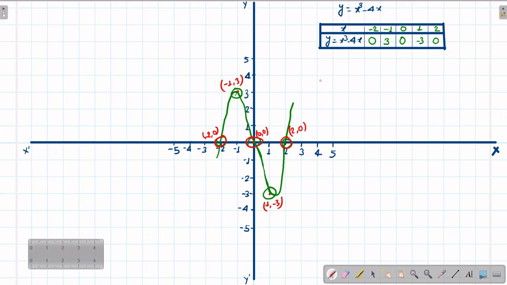Number of zeros is equal to 3. Why 3? Since a cubic polynomial is of degree 3, the maximum number of zeros can be 3. Also the number of zeros can be even less than 3, but the maximum number of zeros will remain 3.